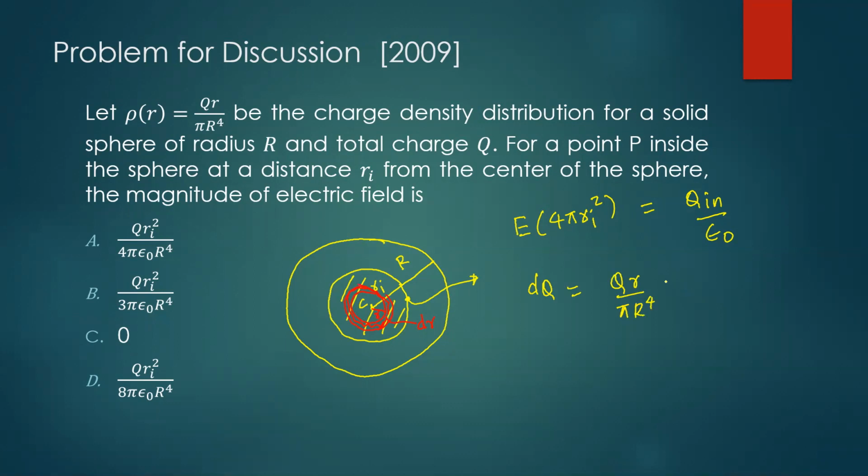The volume of that shell will be 4 pi r square, the surface area, into thickness dr. So here we get 4 q r cube by R to the power 4 dr.